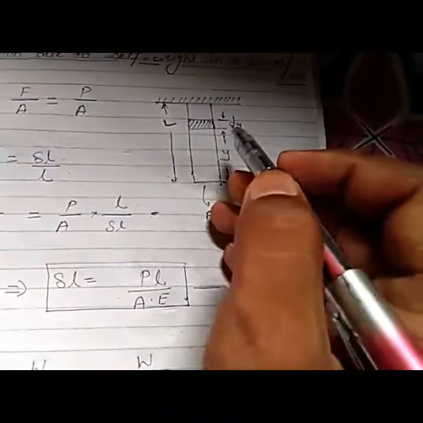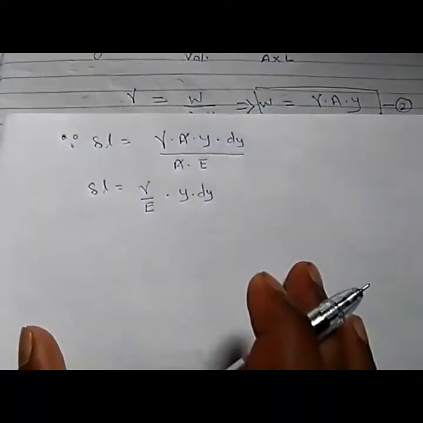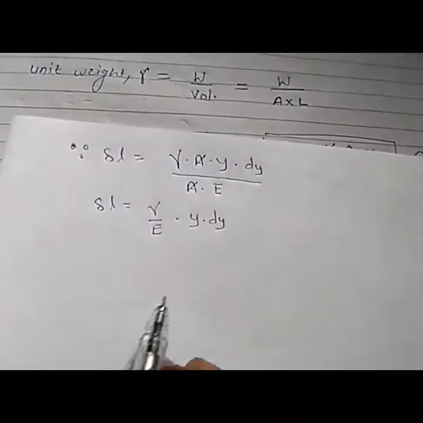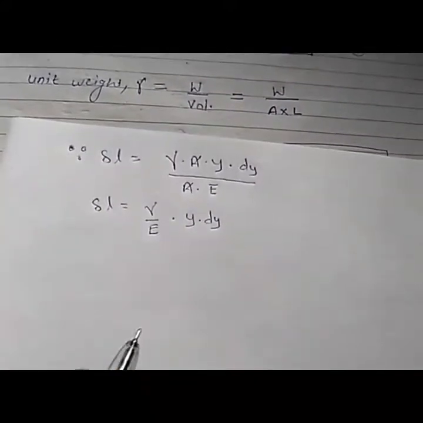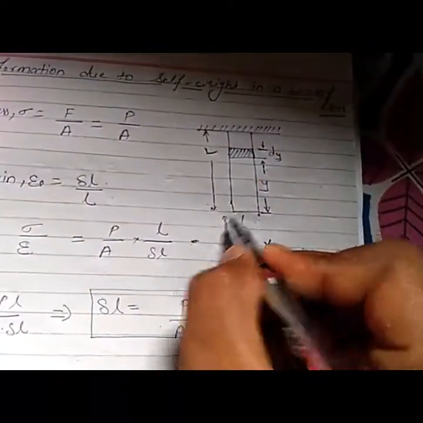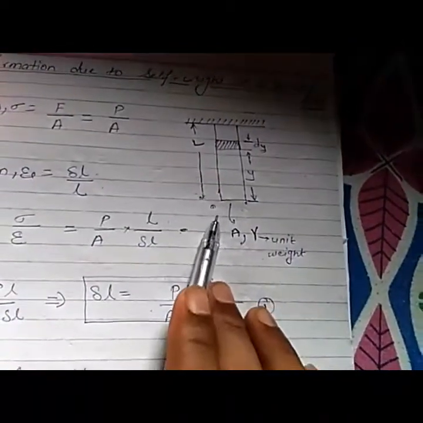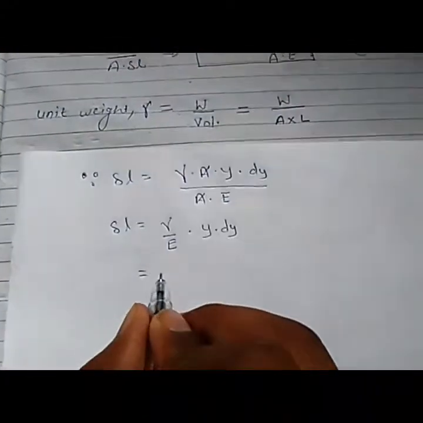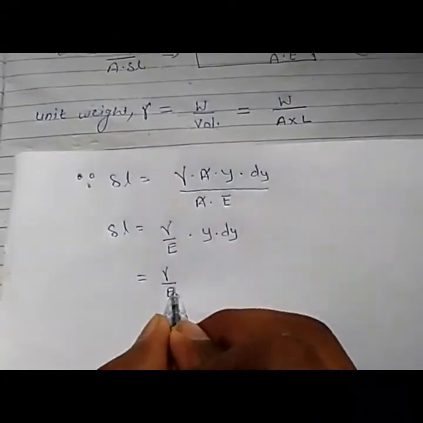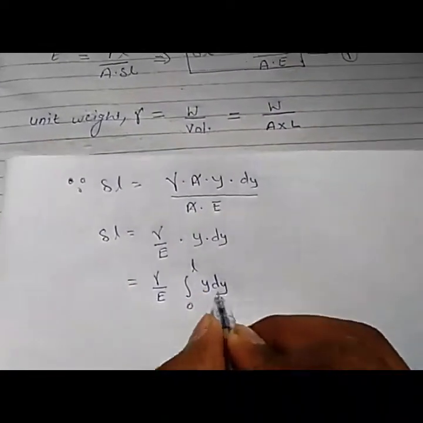Now for getting the whole change in length, we have to integrate between the limits 0 to L. So delta L is equal to gamma upon E, integration from 0 to L of Y dy.